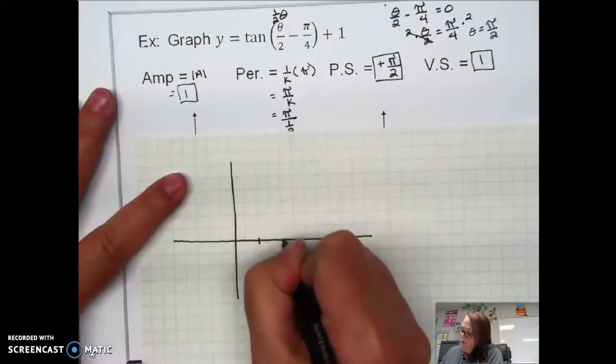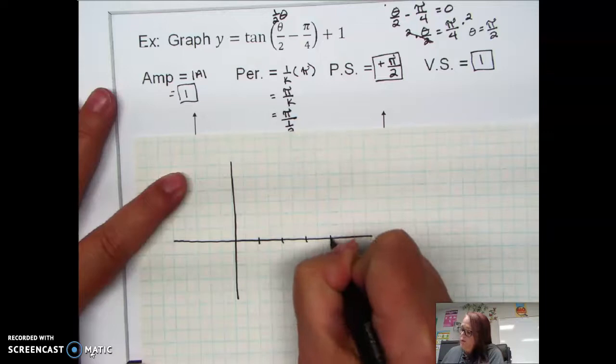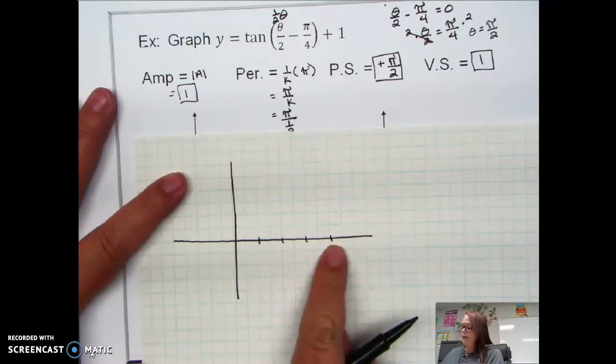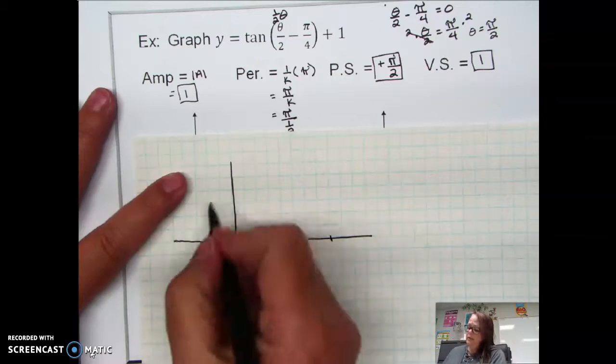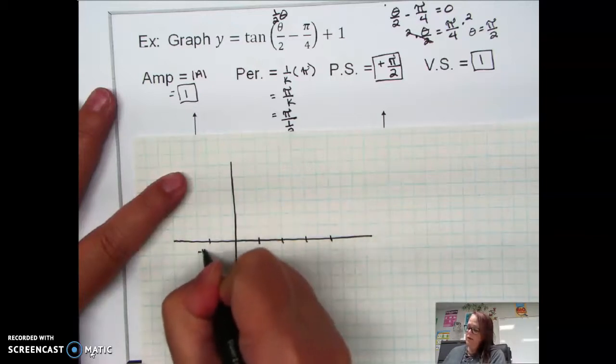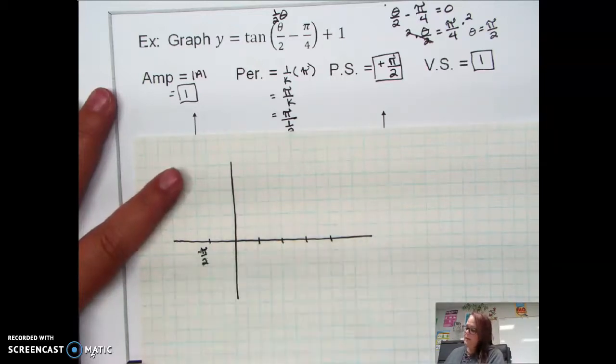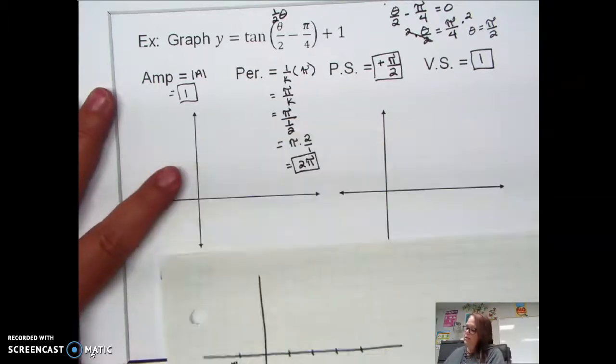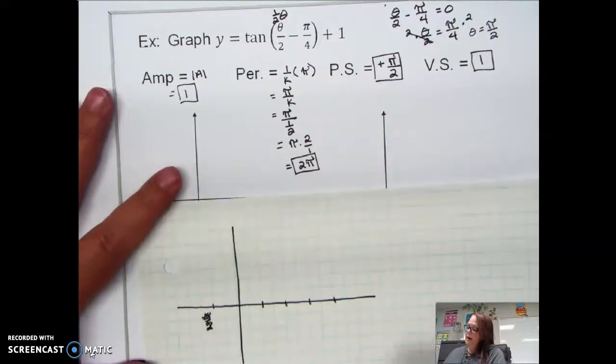So I have my 4 dashes just like I normally would at pi over 2, pi, 3 pi over 2 and 2 pi. And then even over here, I had one at negative pi over 2, right? I'm sorry, I shouldn't write that there yet because I do have a change. So my period is now 2 pi.